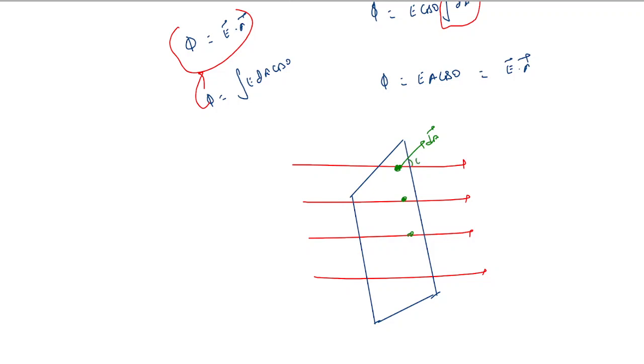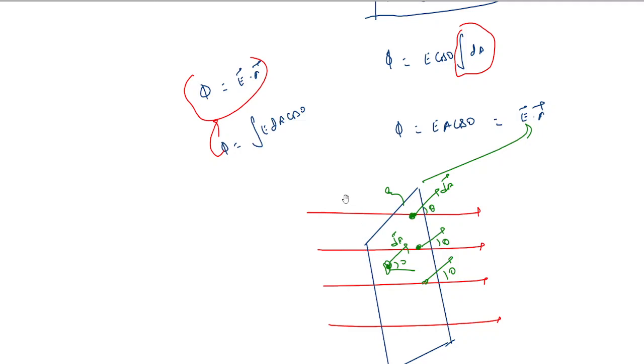So the angle here is say some theta. Even for this also, it will be the same theta only. If you take any small region here, the angle theta would be the same. Which means in this orientation, for all these small elements, the angle made with the field is the same. So in such a case, it becomes E dot A. So whenever the orientation is the same, then it becomes E dot A.